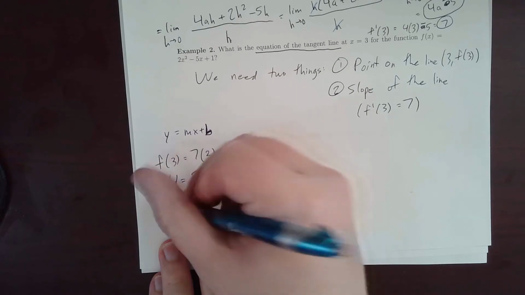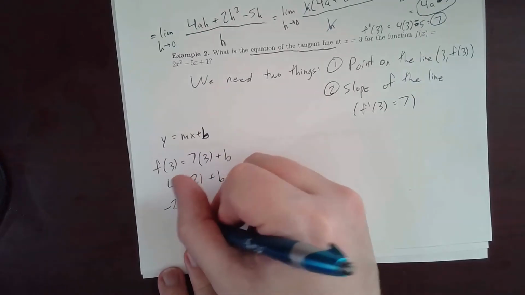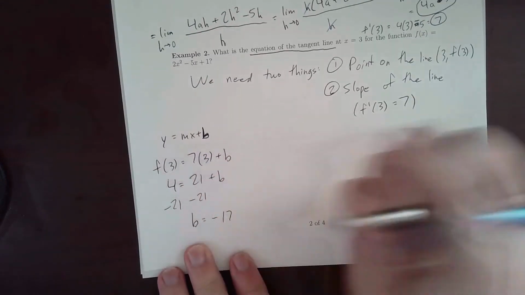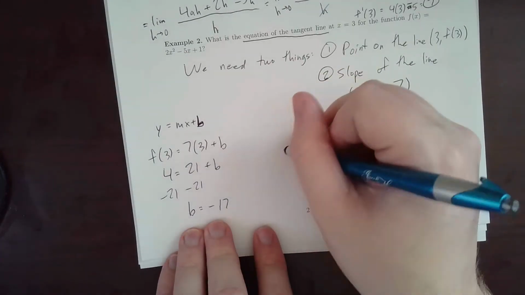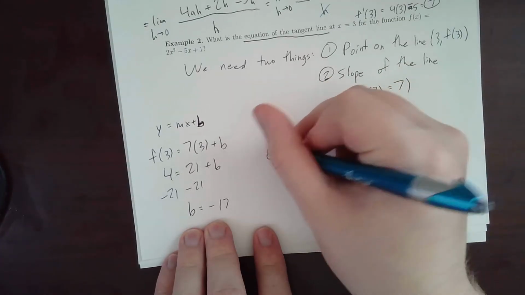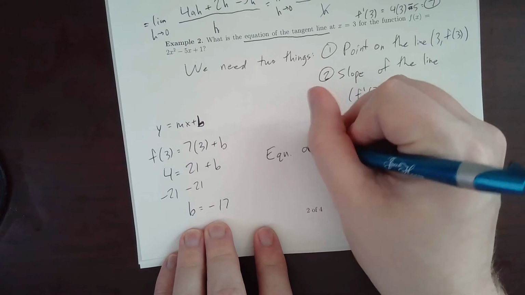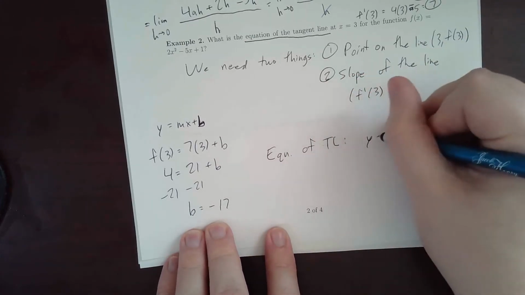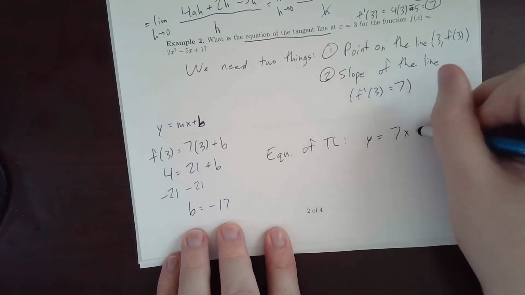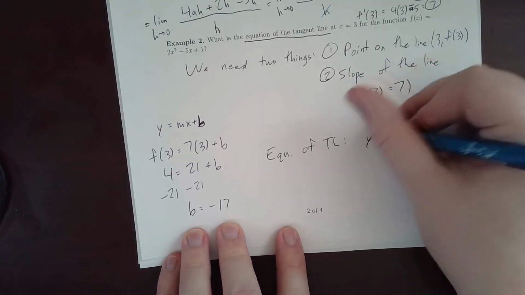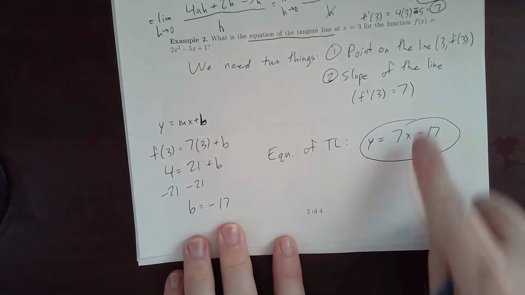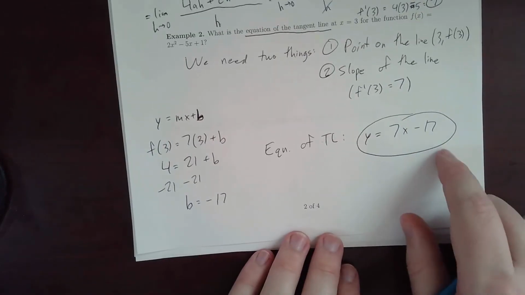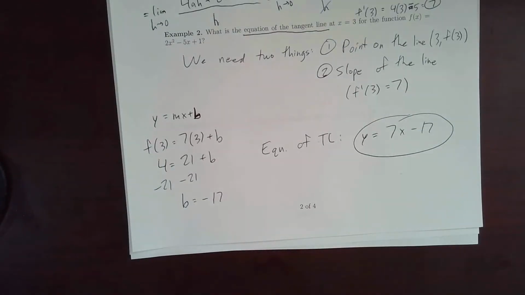So if we subtract the 21 over, we get that b will equal negative 17. And so that means that our equation of the tangent line is going to be y equals 7x minus 17. So again, 7's coming from the slope of the line, negative 17's coming from what we found the y-intercept to be.